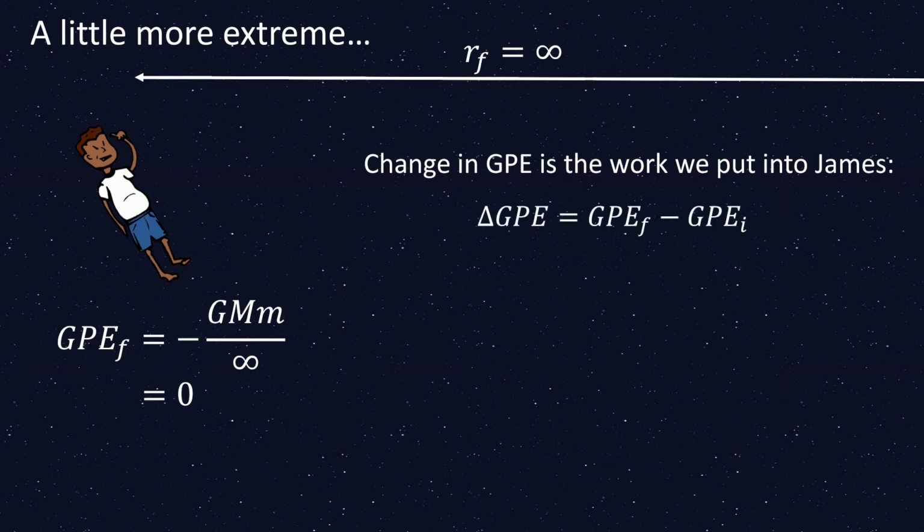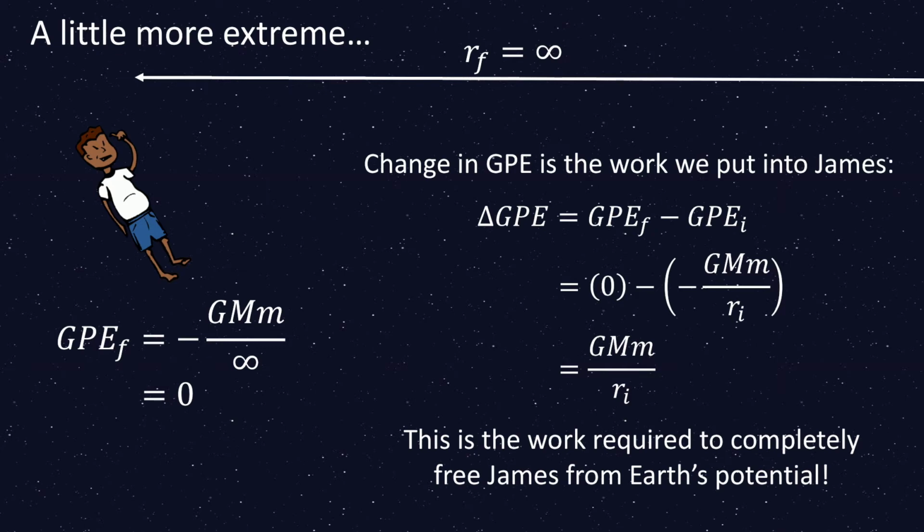And this will be his gravitational potential energy final minus initial, which is simply 0 minus negative GMm over Ri, which gives us GMm over Ri. So this GMm over Ri is the work required to completely free James from Earth's potential. It is moving him from a point, a certain distance Ri away from the Earth's center of mass, to infinity, where he is no longer affected by Earth's gravity.